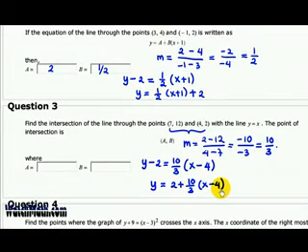Okay. Now we want to find the intersection between this line and the line y equals x. They intersect when their y coordinates are equal. So they intersect when 2 plus 10 over 3 times x minus 4 is equal to x.